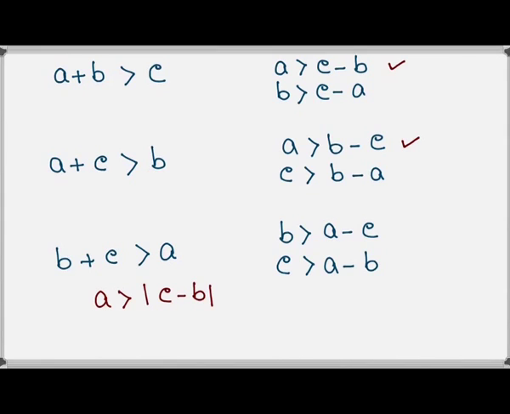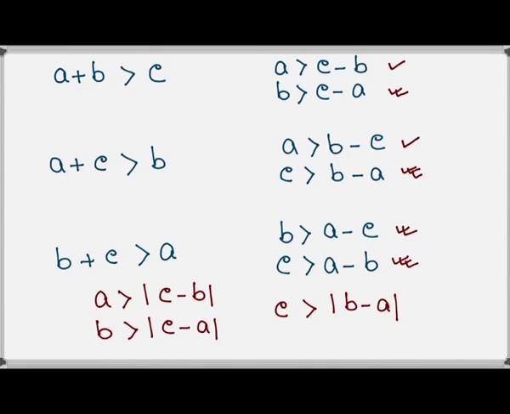Next we consider b > c − a and b > a − c. From here we obtain that b > |c − a|, and from the last two remaining inequalities we obtain that c > |b − a|.